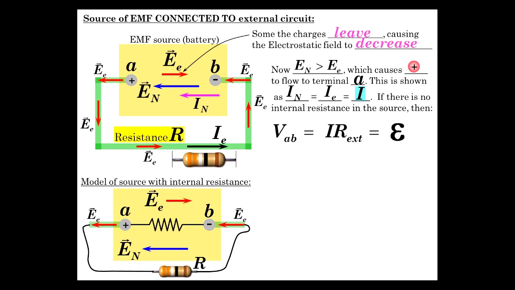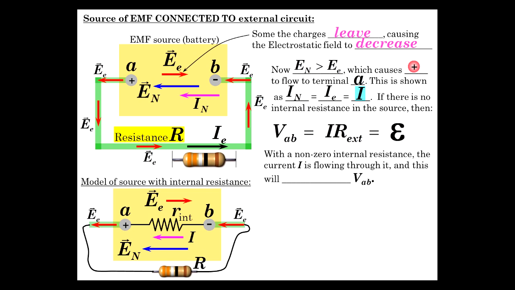Now it doesn't really exist as a resistor, but effectively this is how it functions, as though there's a resistance inside. We'll call it R internal. And there's a current that flows through that. So think of this again as being a model where the charges that flow encounter resistance to their motion, to their flow, moving from B to A. So we have a non-zero internal resistance, with the current flowing through it.